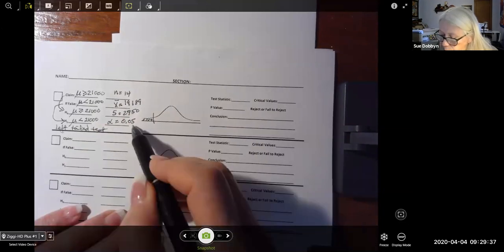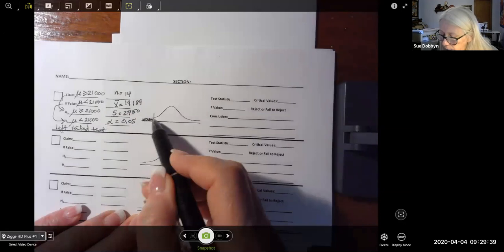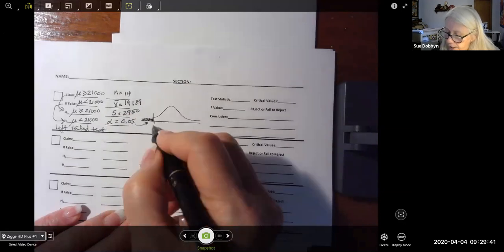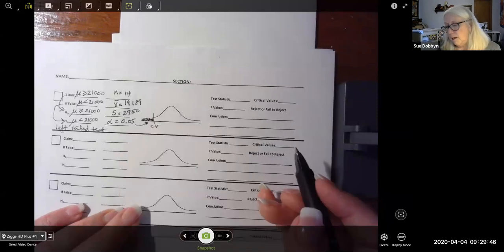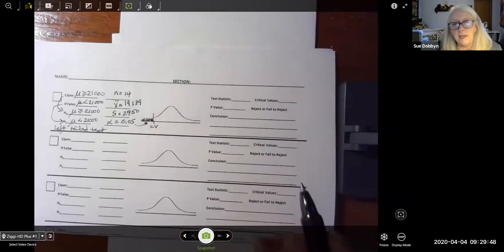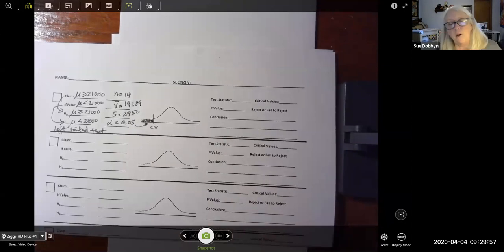Okay, and actually we talked briefly about the fact that that creates this thing called a critical value right here, and I'm not going to emphasize that because we're using the p-value method. It's whatever value of a z distribution or a t distribution that leaves 0.05 as an area to the left.